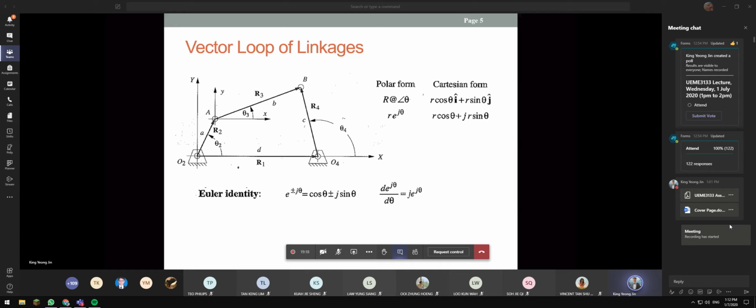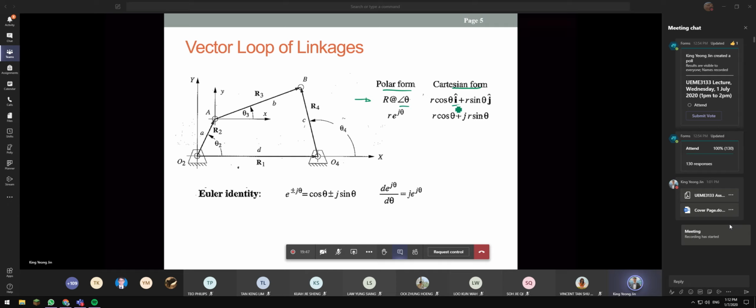So now if we look at the vector loop of linkages, okay, we can actually represent the coordinate system using a polar form or the Cartesian form. So we can have either of these. Polar form will be in terms of the radius and the angle.